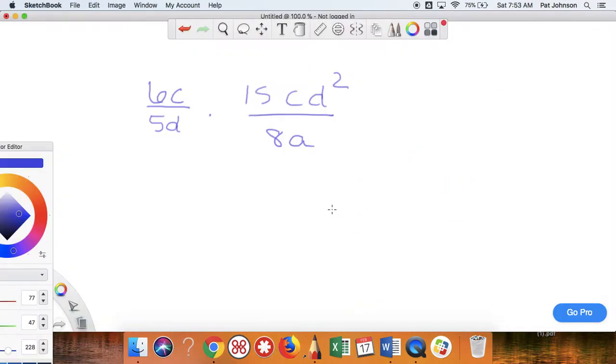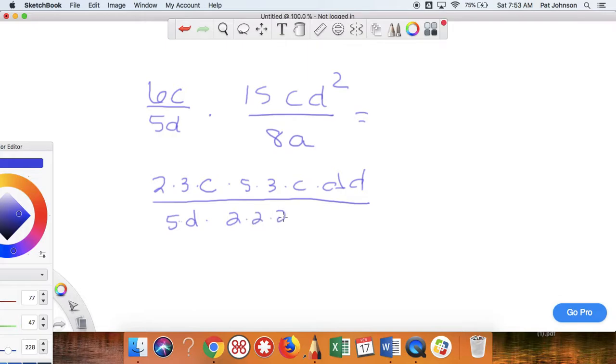This key concept box kind of just sums up how to multiply and divide fractions and expressions. So we have 6c over 5d times this. We're just going to rewrite it as 2 times 3 times c times 5 times 3 times c times d, which is a long way. That's why, as we learned last time, we have to know how to simplify exponents using exponential properties. All right, so then what happens here?